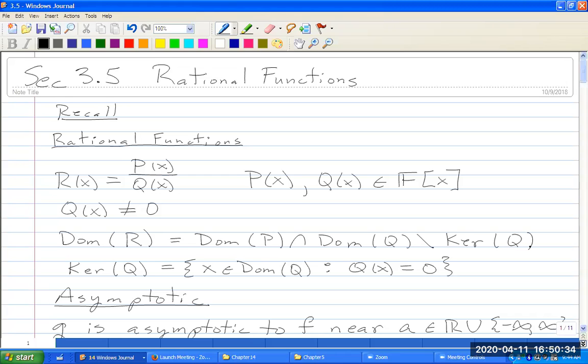And usually the domain of a polynomial is everything. And so this is usually all real numbers. And you just get rid of the kernel of q. The kernel of q is the set of all x in the domain of q such that you don't divide by 0. So the domain of a rational function is usually all real numbers except when you're dividing by 0.